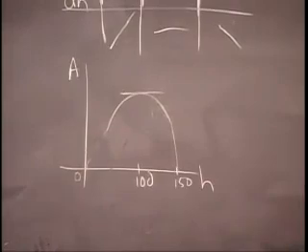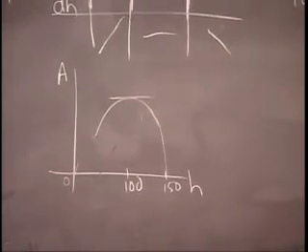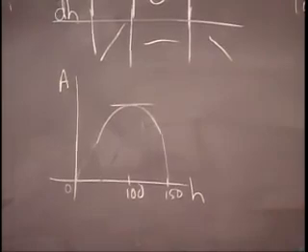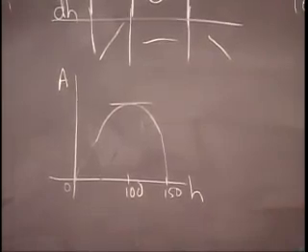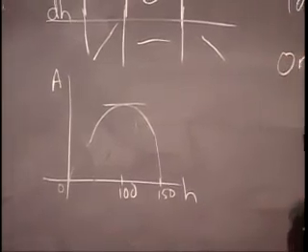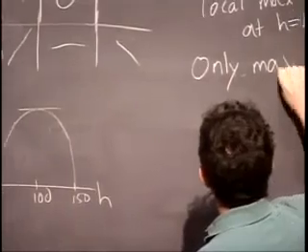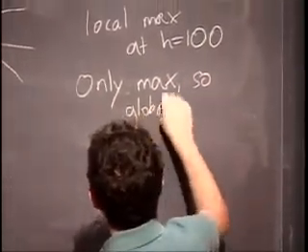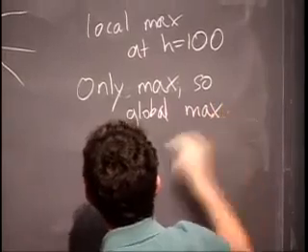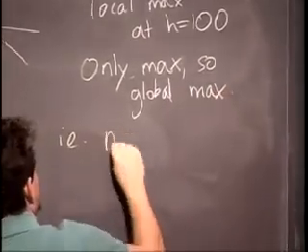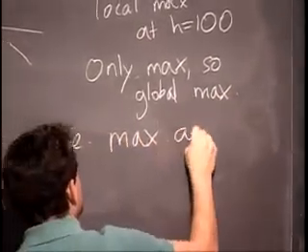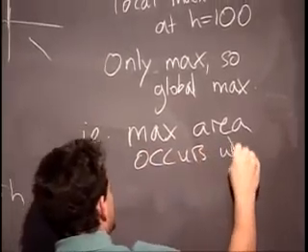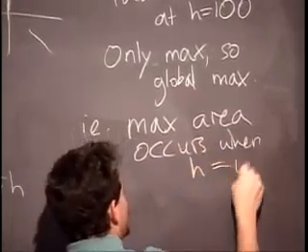Once we've found the only maximum, and we've seen that it is a maximum, which is why it's really important to do this table, then we can confidently conclude: only max, so it's the global max as well, the absolute maximum, i.e. maximum area occurs when h equals 100.